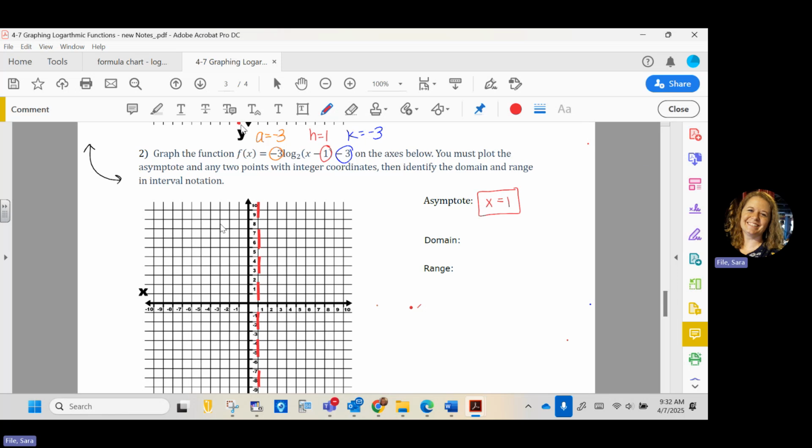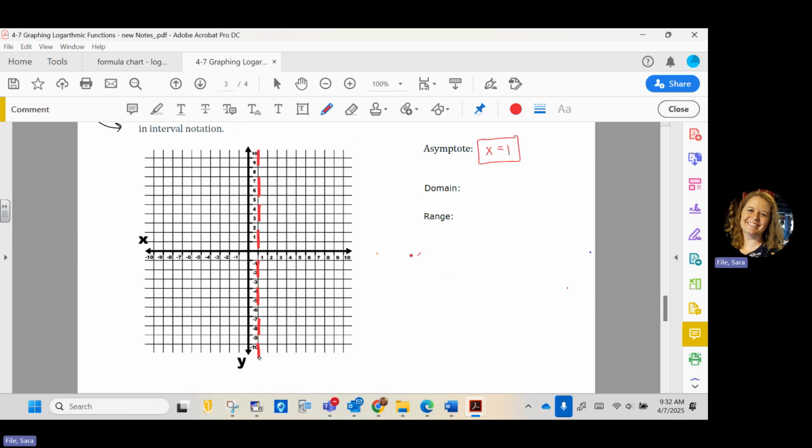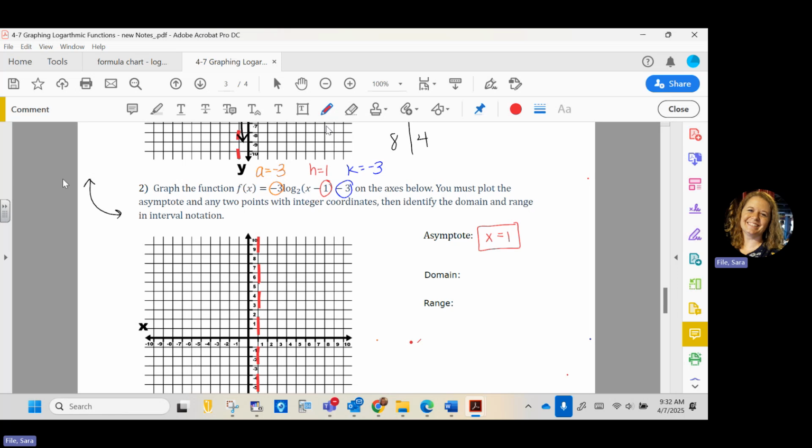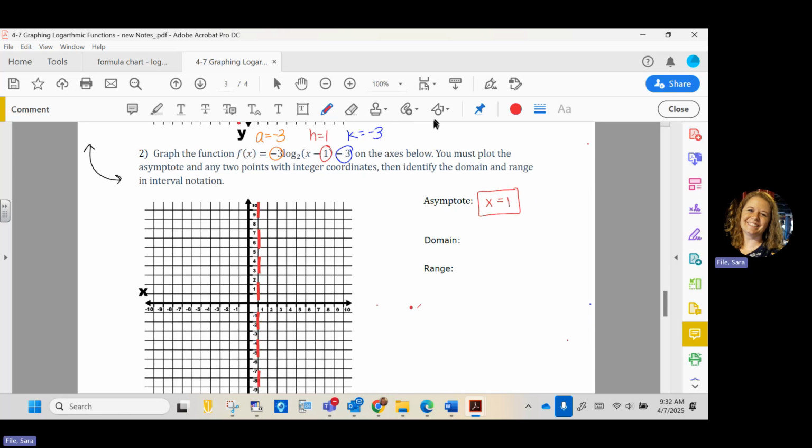So I'm going to sketch that at +1 this time. And based on the shape that I think it should be, this should be on the right side of the asymptote, shouldn't it? Should come down along the asymptote and decrease to the right. Okay, so I would go into Desmos and I would plug this equation in and I would get a table of values. Do y'all need me to remind you how to do that in Desmos, or are y'all pretty comfortable with it?